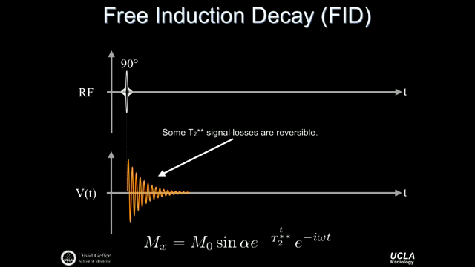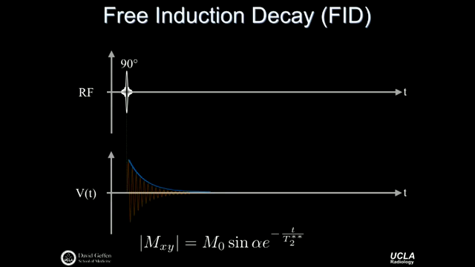So the signal decays. Some of that signal loss is T2 star loss, but some of that is actually reversible, and that gets us into the so-called spin echo sequence. If we look at the envelope of this decay, we would usually talk about this being in the rotating frame, and we could talk about the magnitude of the transverse magnetization. It would have some initial value governed in part by how big or small your flip angle was, and the envelope of decay would just be e to the minus t over T2 star.